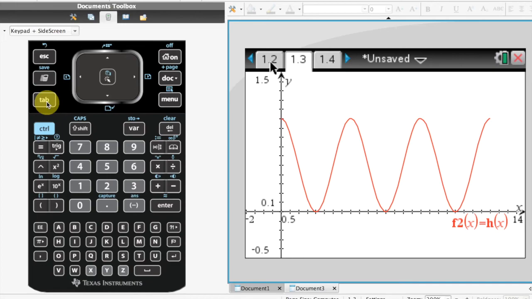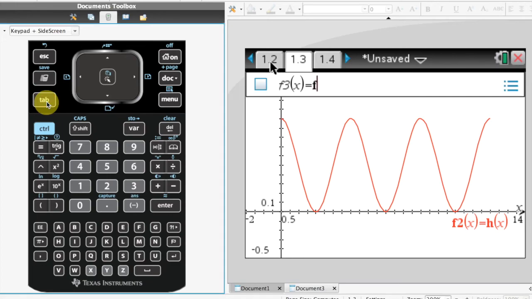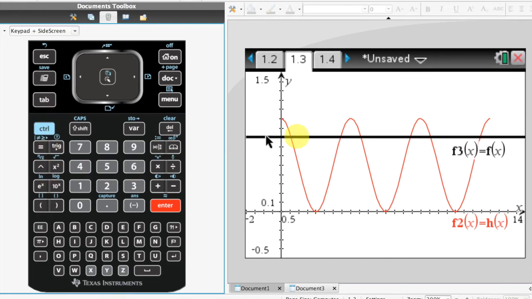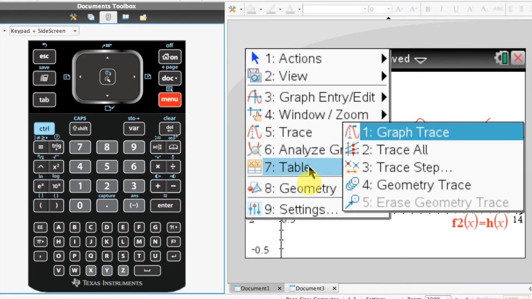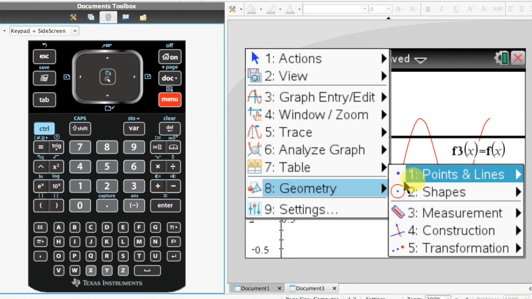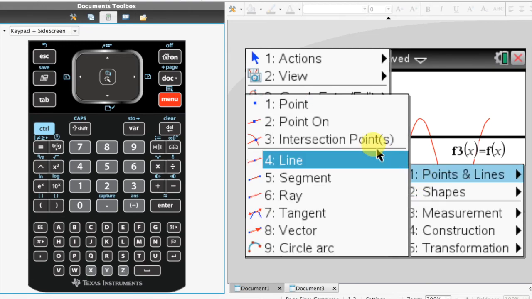Now if I go back to my graph, I'm going to enter that f of x function in. Hit enter. And you can see that these intersection points here are going to give me the values for where we have the height equaling 0.8. So I'm going to go menu, geometry, points and lines, intersection points.